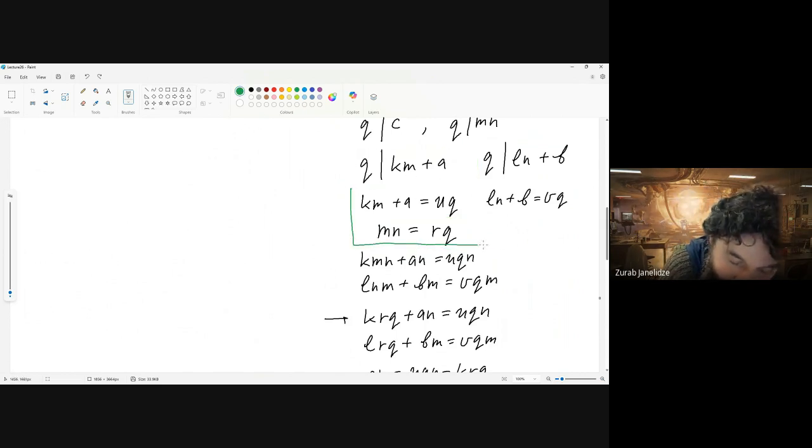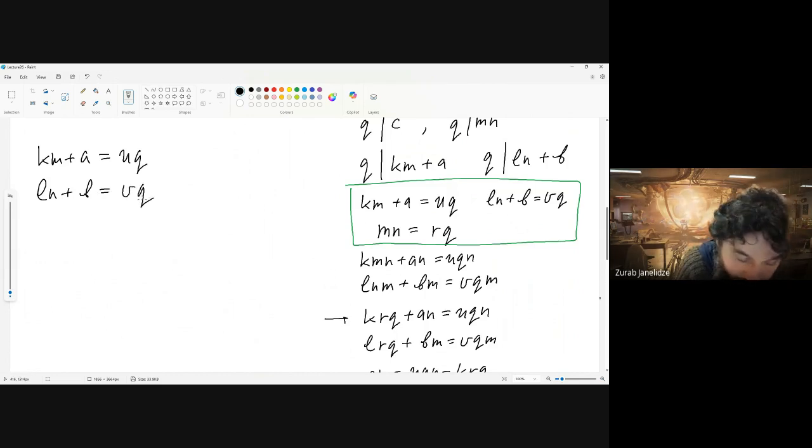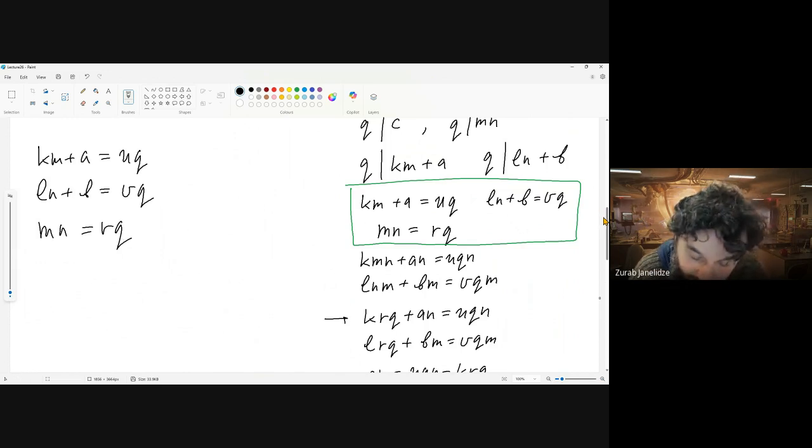So we have these three ingredients so far, namely that Km plus A equals UQ, that's Q dividing Km plus A. Then Ln plus B equals VQ, that's Q dividing Ln plus B. And then we also have that MN equals RQ, right? We've got that as well.